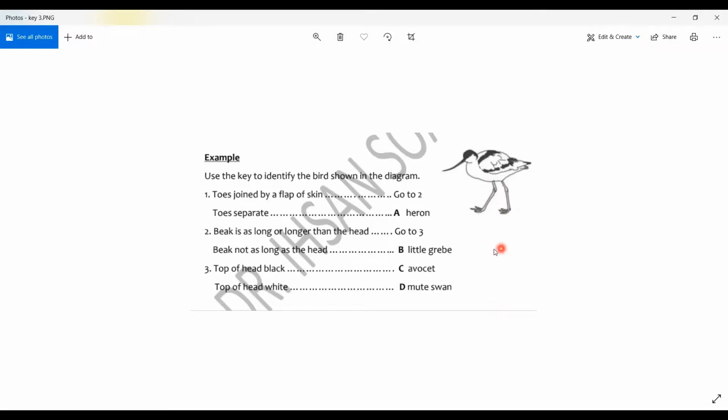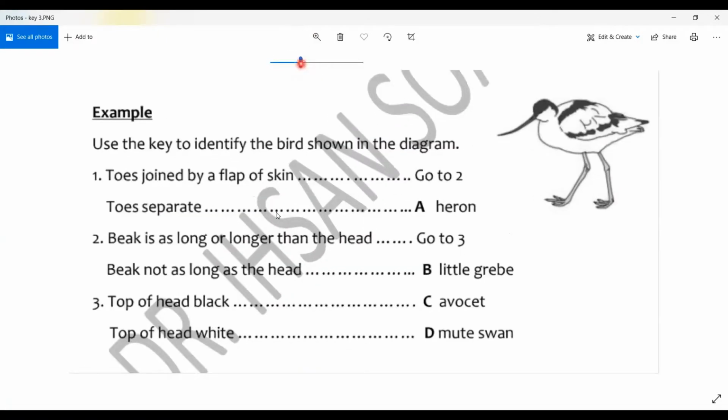The example I just put is for one bird only, and here is the first question. Whether the toes are joined by a flap of skin. Here there is joining, but it's not very clear. If I have the toes, I have a flap of skin or something that looks like a web. Whether this has a web or not.